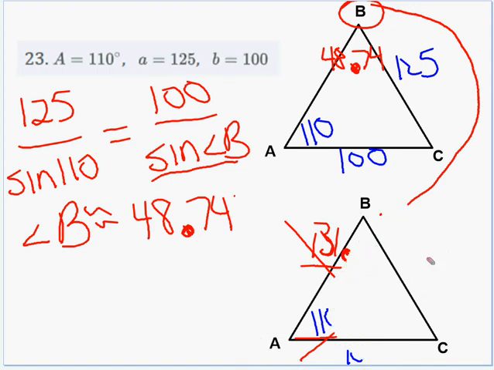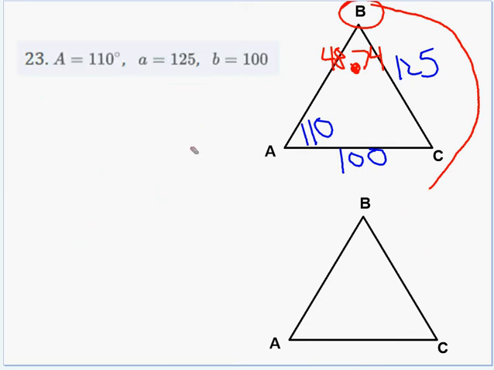So we can get rid of this and go back to the top triangle. We only have a couple more things to figure out. Angle C here, well, we've got the other two, the 110 and the 48.74. So that would leave us for angle C 21.26. And then we have to find this side C. I always recommend using the given starting proportion.